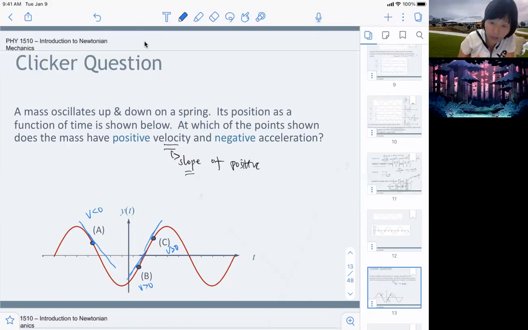So here at point A, you have a negative acceleration, because these 2 points are both above the 0 point. But at point B, you're going to have a positive acceleration. So the question is asking which one has a positive velocity but negative acceleration.